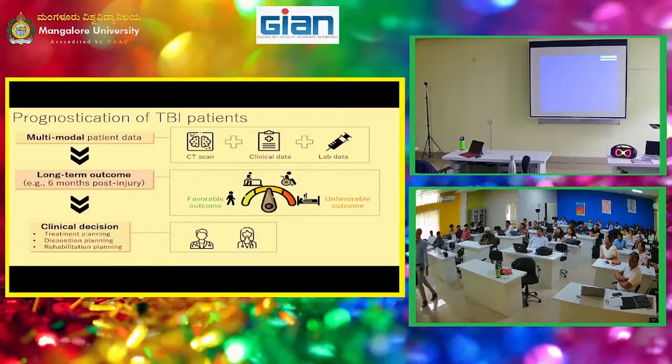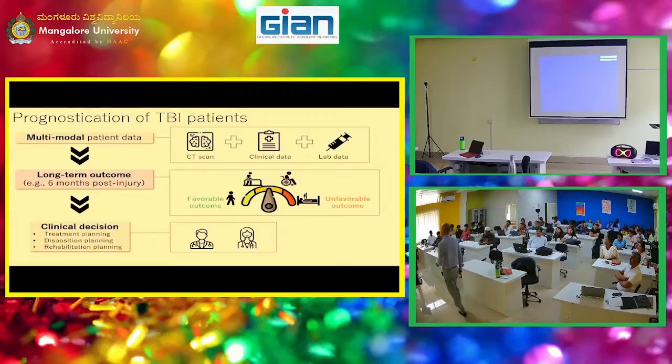And then you also have clinical data and lab data. Clinical data is how you present and your history. Have you done this before? If you're in sport, maybe you have. We need to know that, because if you've had a previous injury, you tend to have a worse injury if you hit your head again.